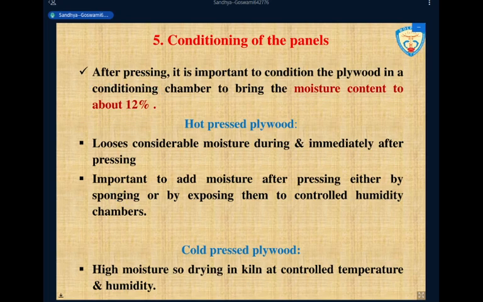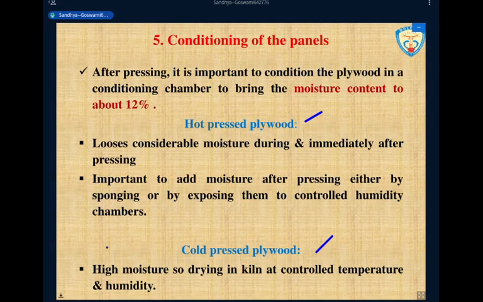Now, in this regard, conditioning will be slightly different for the hot pressed plywood and the cold pressed plywood. As we know, in hot pressing what do we do? We give temperature. When we are putting our plies at 100 degrees Celsius temperature, what will happen? Definitely, there will be considerable loss of moisture, right?